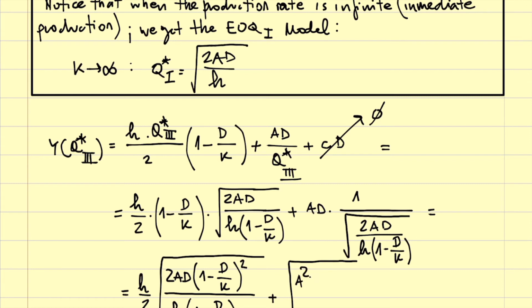A squared D squared times H times 1 minus D divided by K divided by 2AD.